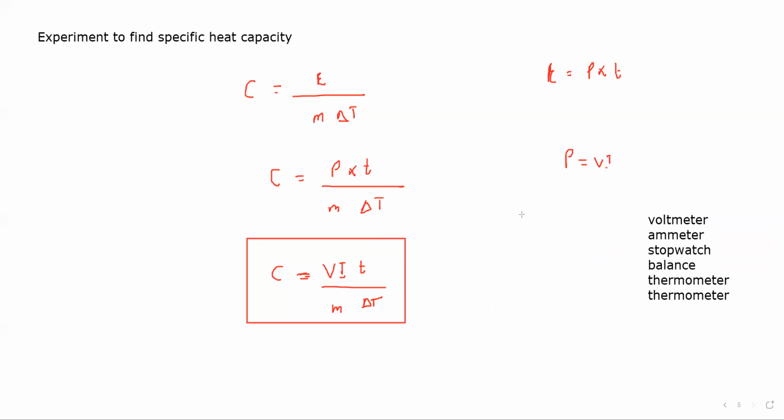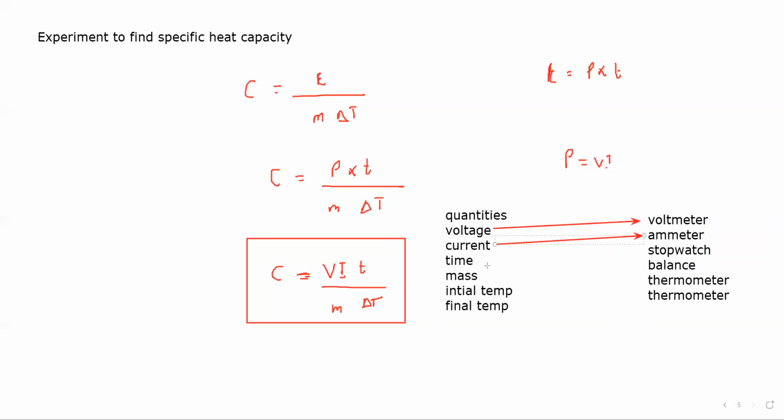So for voltage, a voltmeter, current, an ammeter, a stopwatch for time, a balance for mass, and initial and final temperature both by thermometer. If it is a solid, you will measure the mass of the solid and connect a heater, measure the voltage, current, and how much time you switch on the heater, and delta T is the change in temperature.